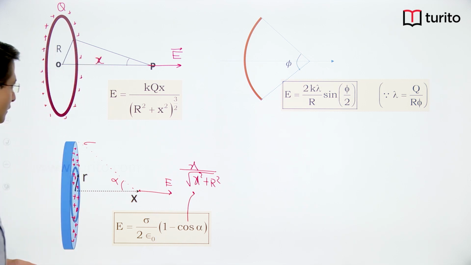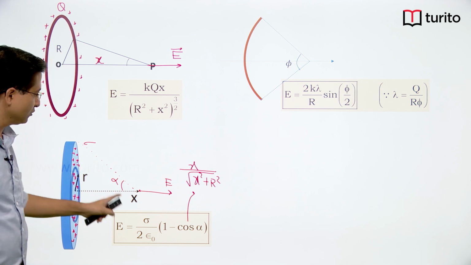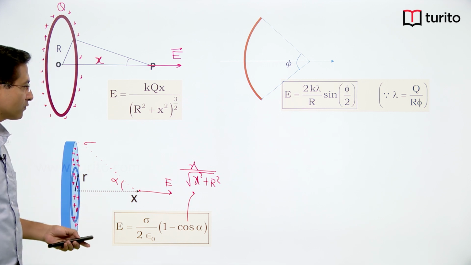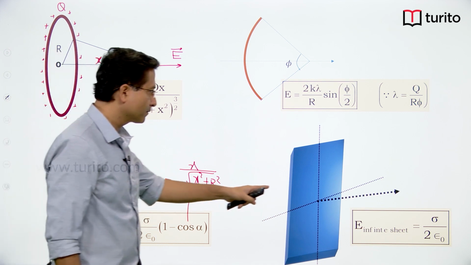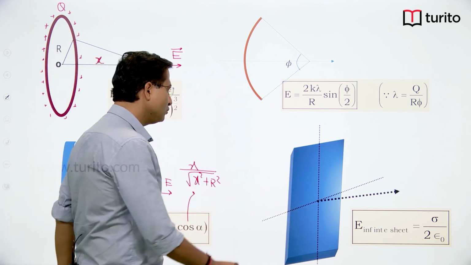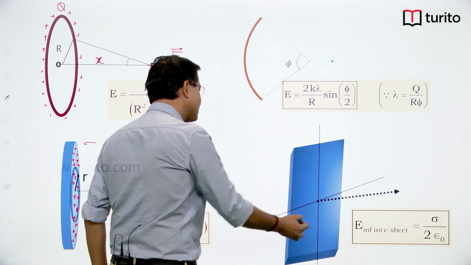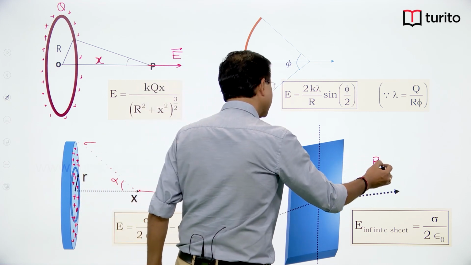Now, using this result we derive the result for the infinite sheet. You can assume that this is a very large disk where r tends to infinity.